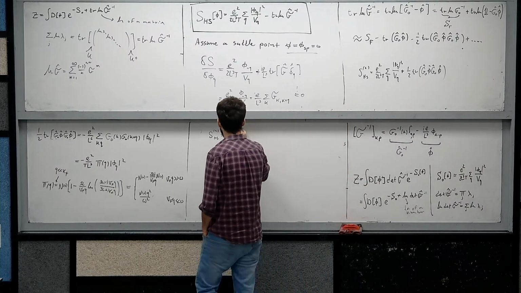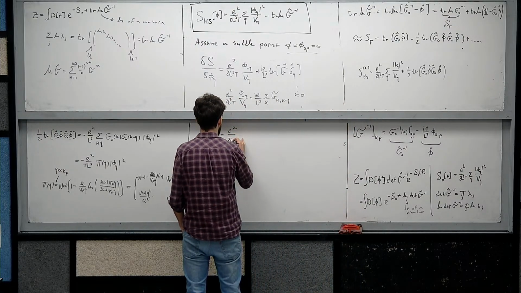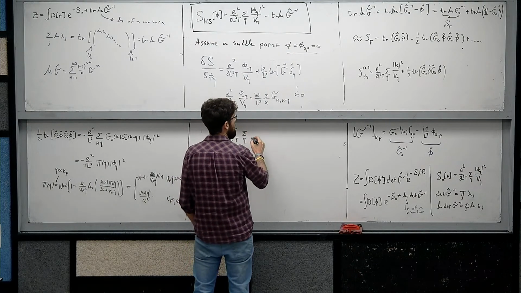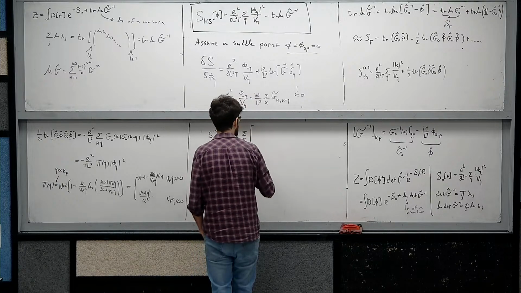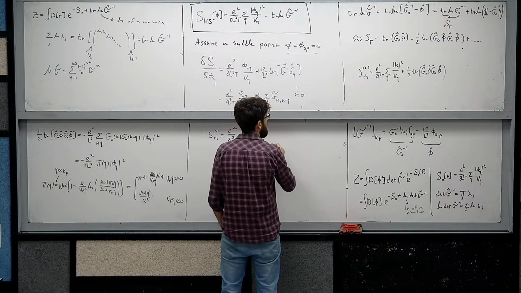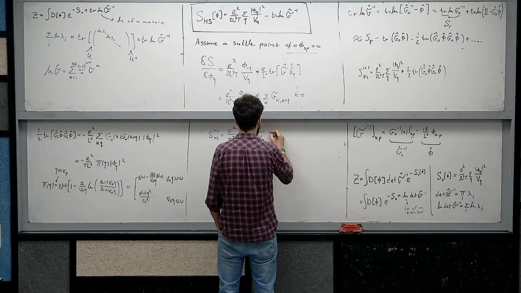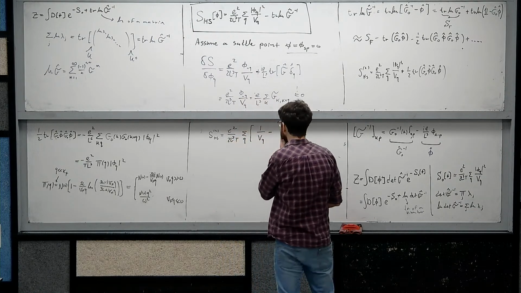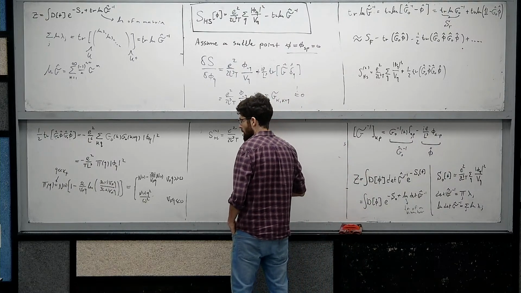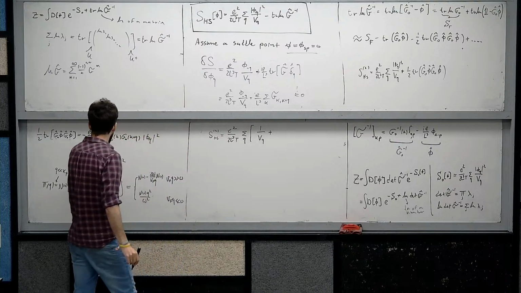So here you have e squared over 2L cubed T, sum over q, and then we have 1 over v of q, plus, probably plus, because this comes with a minus.